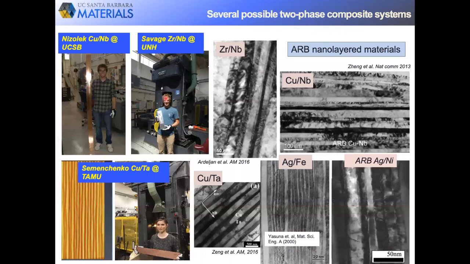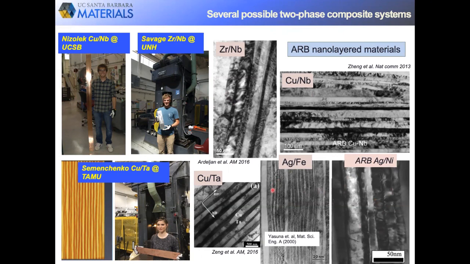So throughout this talk, I have focused mainly on the copper niobium system, but certainly this is not the only system in which ARB nanolayering has been applied or could be applied. Some similar examples are copper tantalum, zirconium niobium, and also silver nickel.